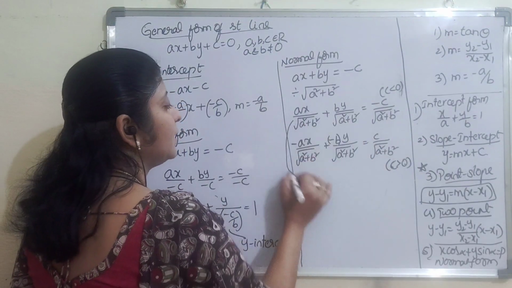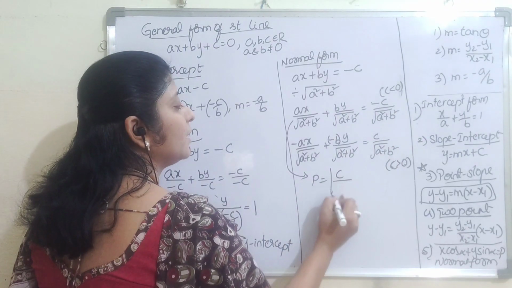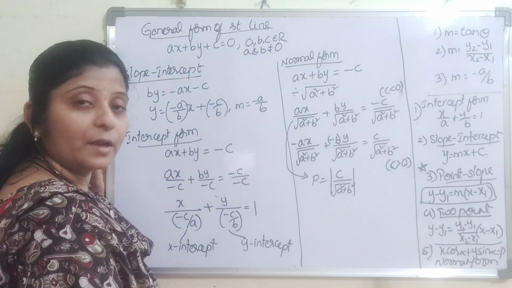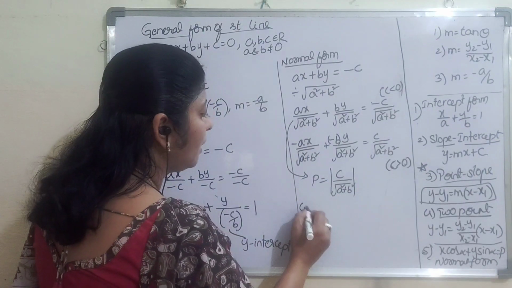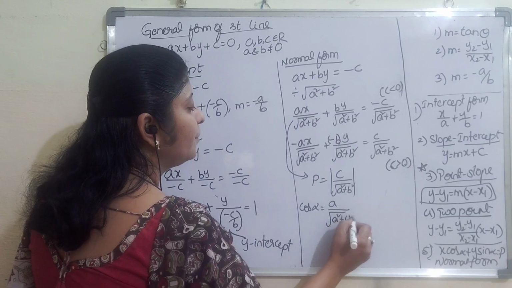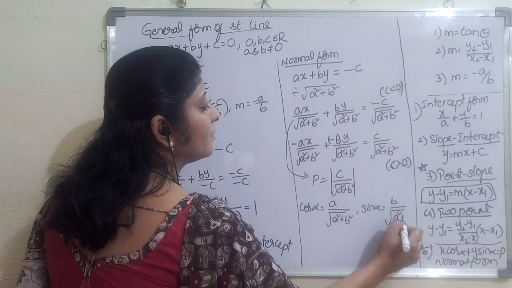So for this I am writing p equal to plus or minus c by root a square plus b square. And cos alpha will give you a by root a square plus b square, sin alpha will give b by root a square plus b square.